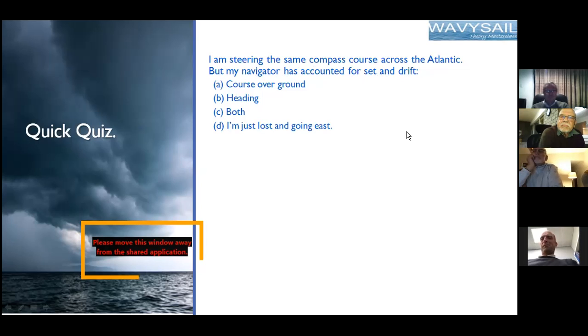So he's worked out that the current's going one way and we want to make an adjustment for that. Am I doing a course over ground? Am I doing a heading? Both, or I'm just lost going east again. I'm steering the same compass course. What am I doing? Course over ground or heading are the two really.